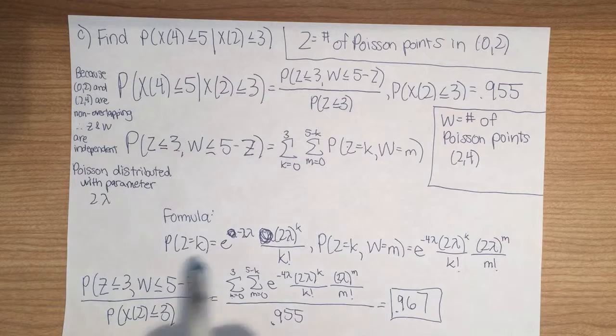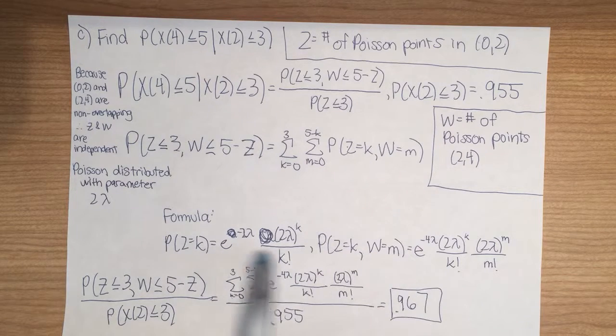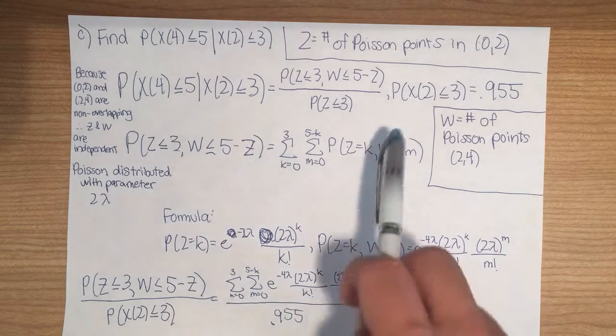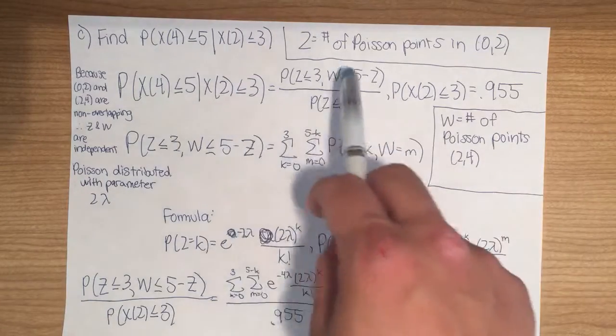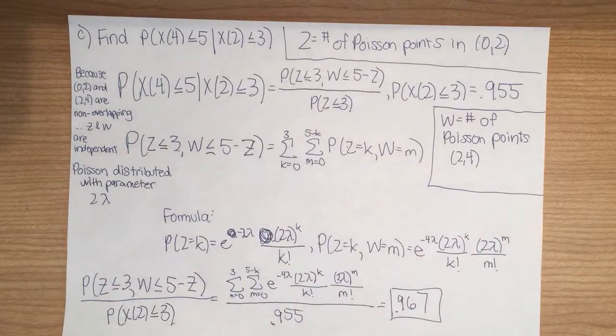This is the formula that we have from the notes. Therefore it equals e to the negative 4 lambda times 2 lambda to the k over k factorial, and 2 lambda to the m over m factorial. To solve this, we need to solve this top part over 0.955, and we end up with 0.967. And that is the end of problem number 2, homework number 10.